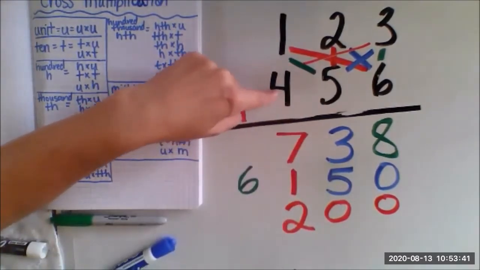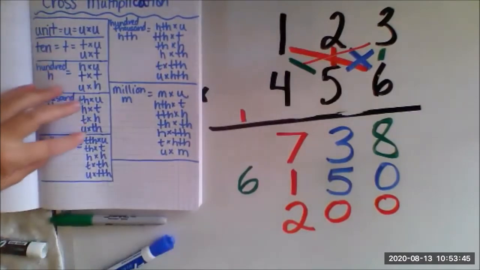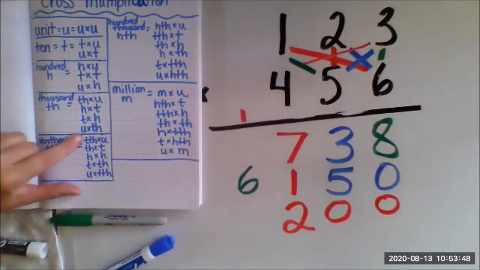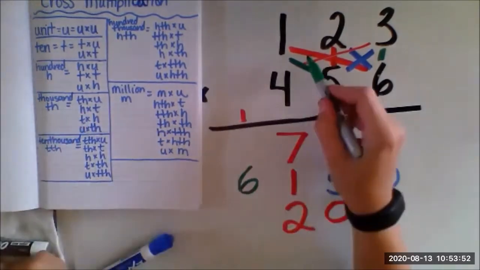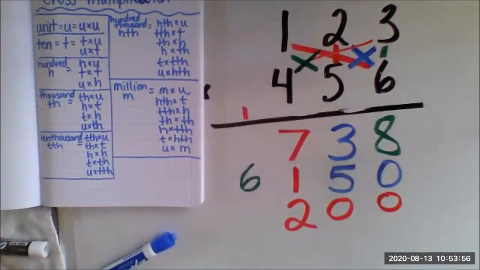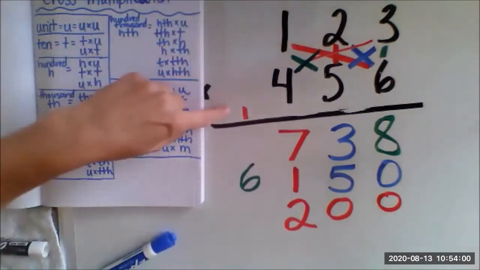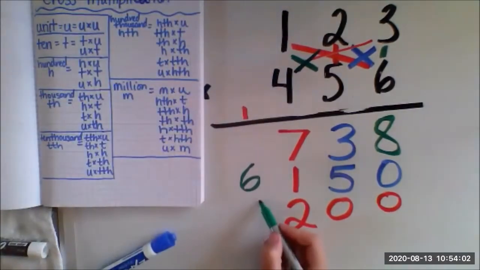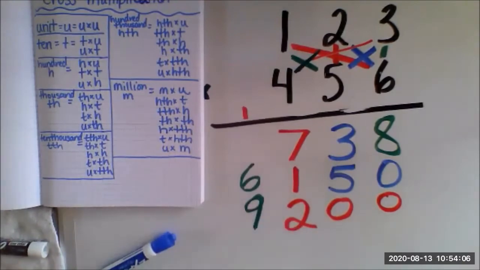Now we have our 100 times a 10. If we look at our chart, 100 times a 10 right there makes 1,000. So this one right here goes like this. It's 1,000. And so 4 times 2 is 8, plus 1 more, 9. 9,000.